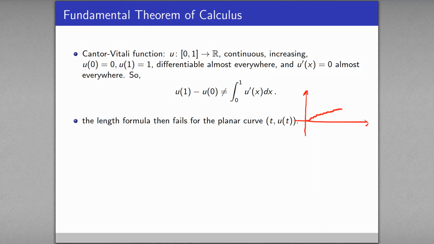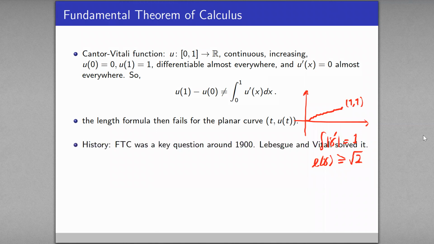Indeed, the integral of gamma prime will be equal to 1. And obviously, the length of this curve is not 1 because you're joining (0,0) to (1,1). And remember that the length of the curve is bigger than the distance of the endpoints of a curve. So here, bigger than root 2. Therefore, these cannot be equal because root 2 is already more than 1.